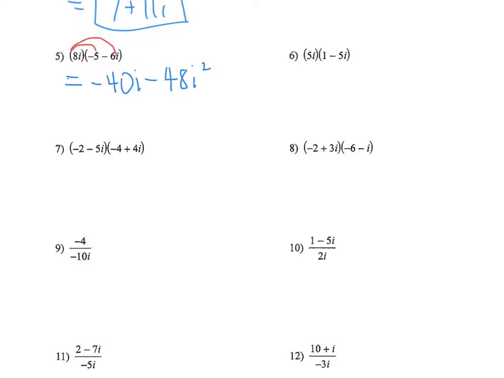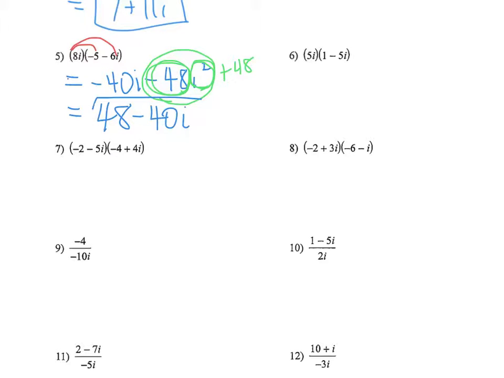Wherever you see an i squared, remember, i squared is equal to -1. So if i squared is -1 and it's times -48, that really gives me an answer of plus 48. So my whole answer altogether is positive 48 and then minus the 40i that I got to begin with. That is my simplified answer. So you try number 6.